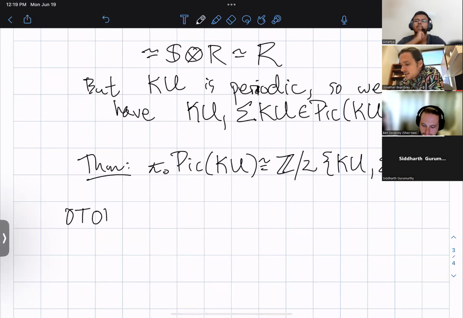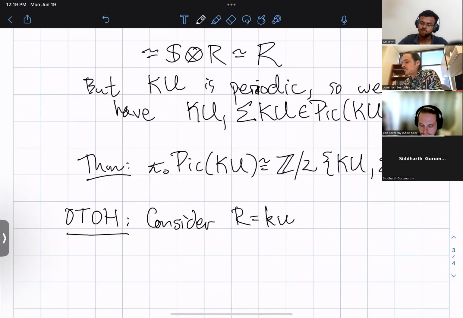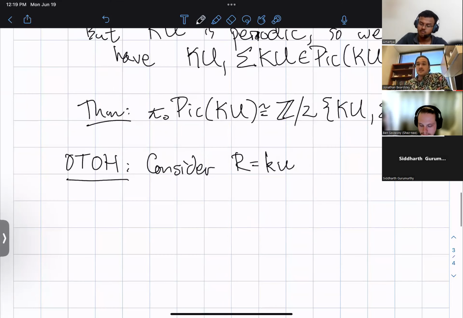On the other hand, consider connective K theory. In this case, you don't have any periodicity, so your suspensions don't ever repeat themselves.